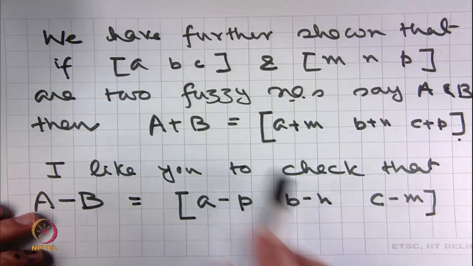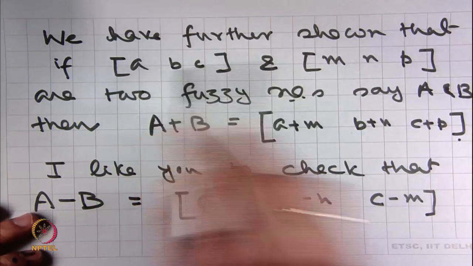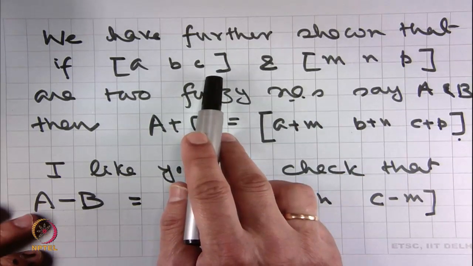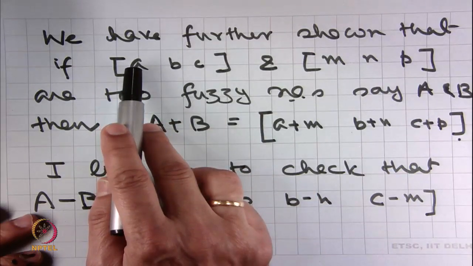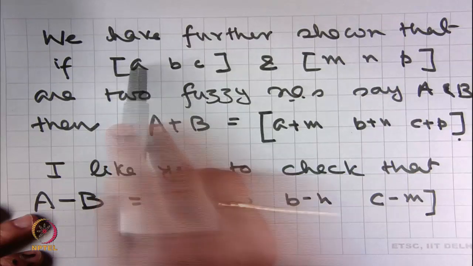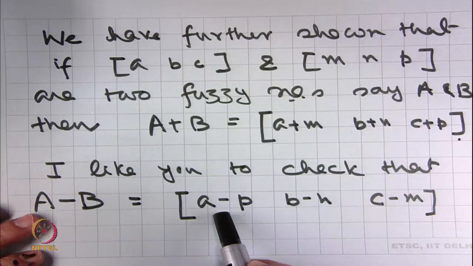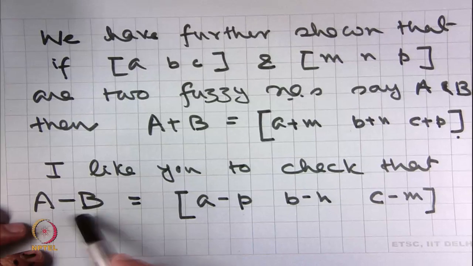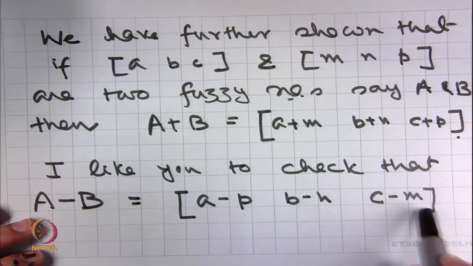How do I get it? Because the minimum value when I am subtracting M and P from A, B, C will be when I take the smallest value here and subtract from it the largest value here. That is why I get A minus P to be the smallest point in A minus B. In a similar way, it is going to be C minus M for the maximum point.